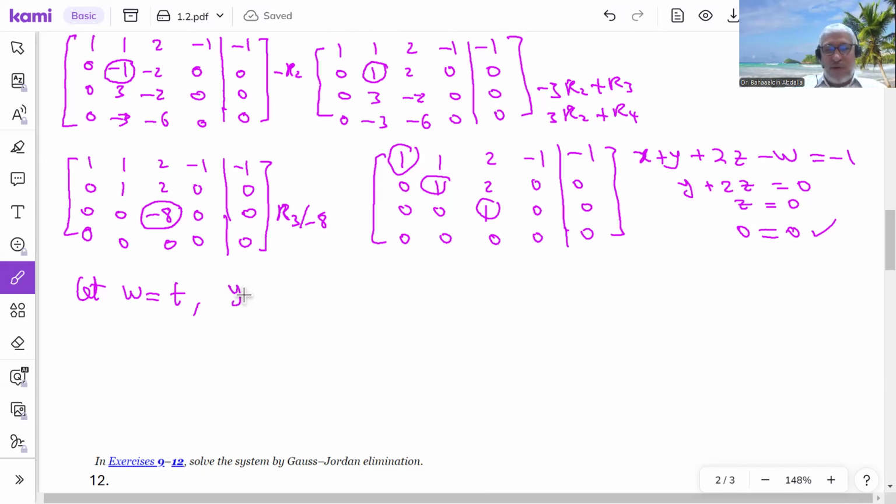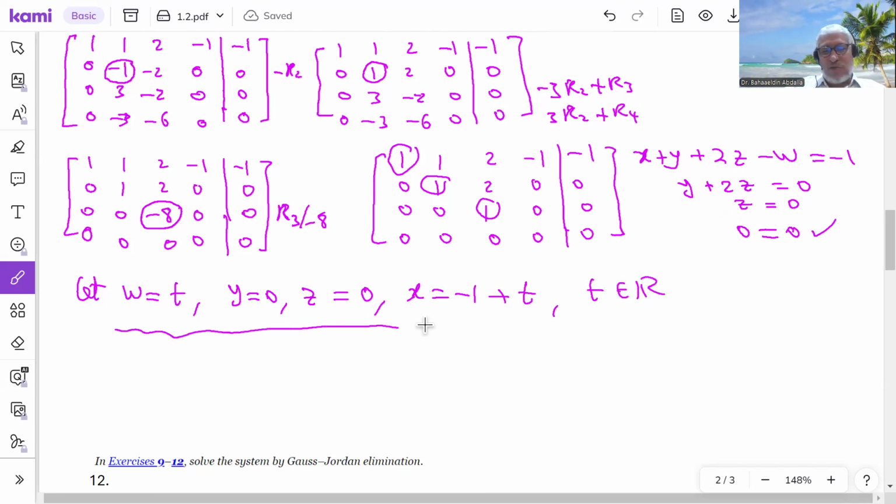So if you now go to the first equation, you use back substitution. Now Y is 0, Z is 0, so X is equal to what? There is negative 1, and there is negative W. Take negative W to the other side, it would be plus W, but W is T, so T, where T belongs to R.